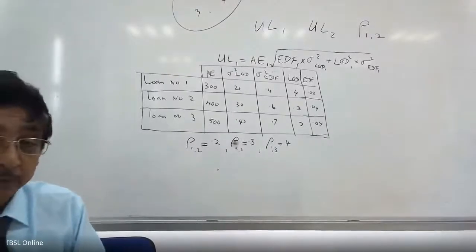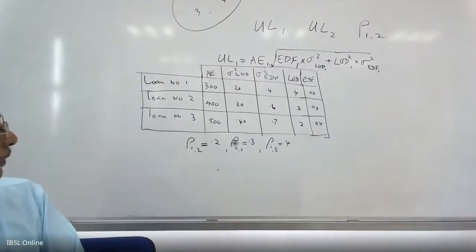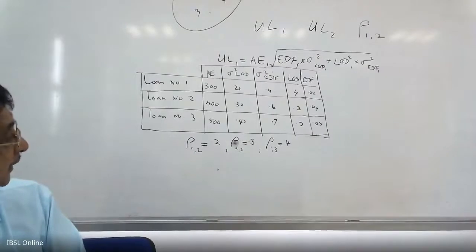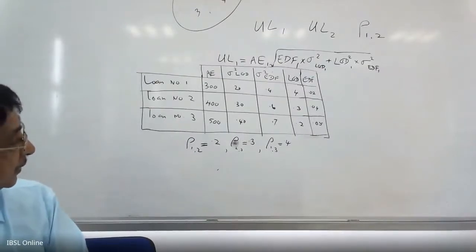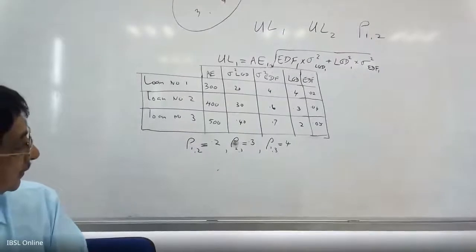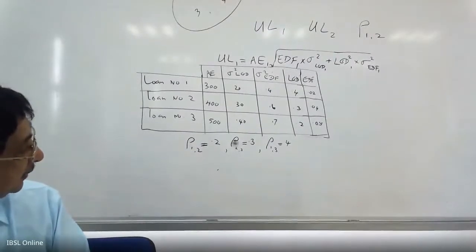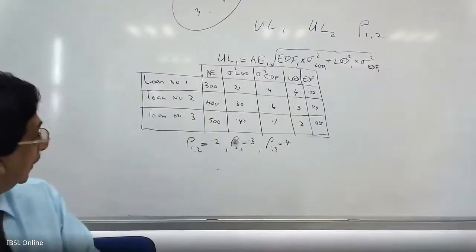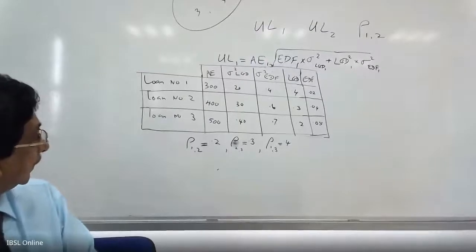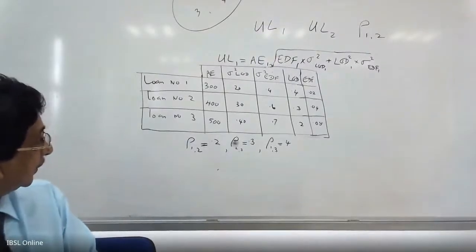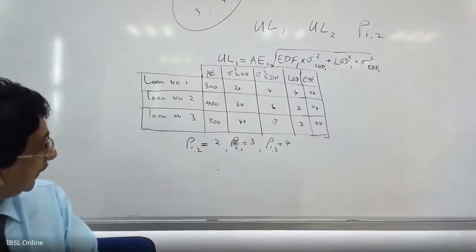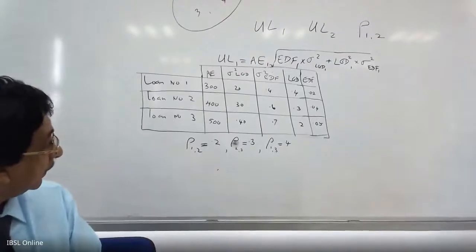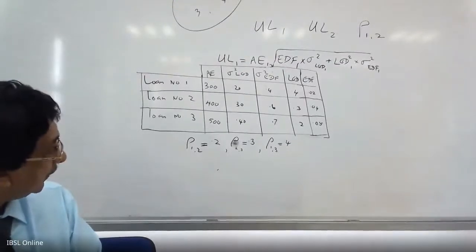If you take loan number 2, there you have AE 400, variance of LGD is 0.3, variance of EDF is 0.6, LGD is 0.3, and EDF is 0.04. And loan number 3, AE 500, variance of LGD is 0.4, variance of EDF is 0.7, LGD is 0.2, and EDF is 0.05.